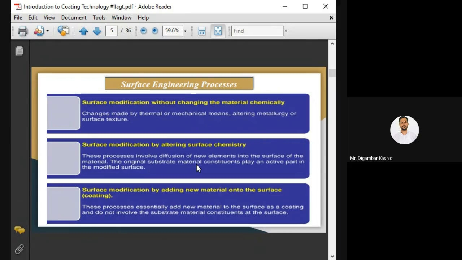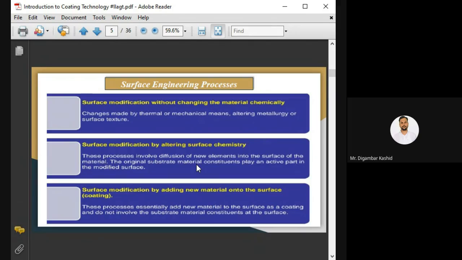As I mentioned in my introduction about coating, the substrate means the surface of your object onto which the modification will be done.